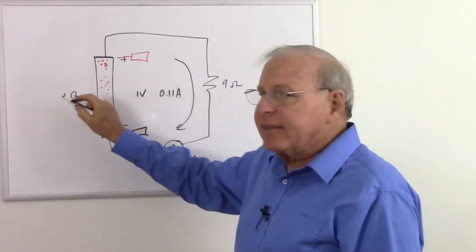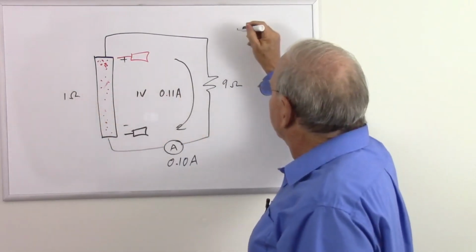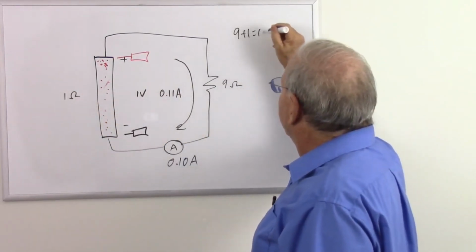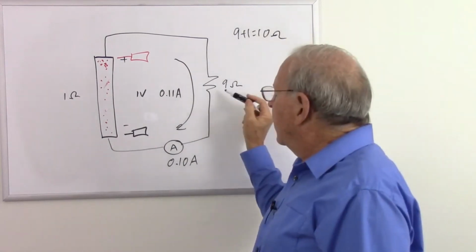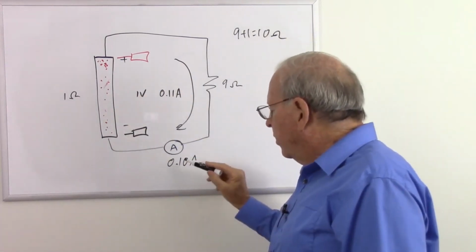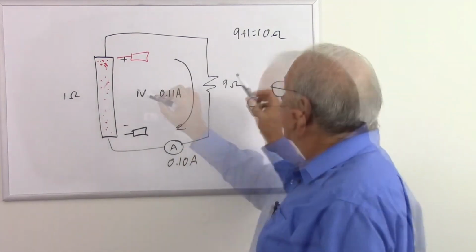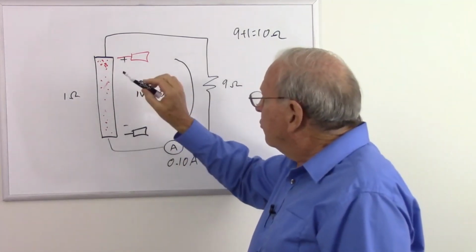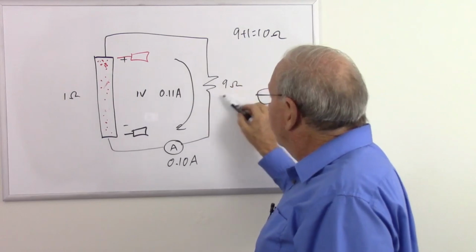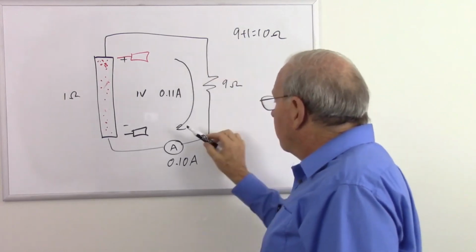So we have to add this 1 ohm to that 9 ohms, so we have a total of 9 plus 1 equals 10 ohms. Now 10 ohms goes into 1 volt, gives us 0.10 amps, and now it works together. So the resistance in our power source must be placed in series with the resistance over here.